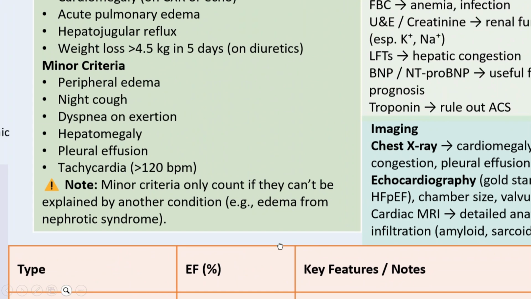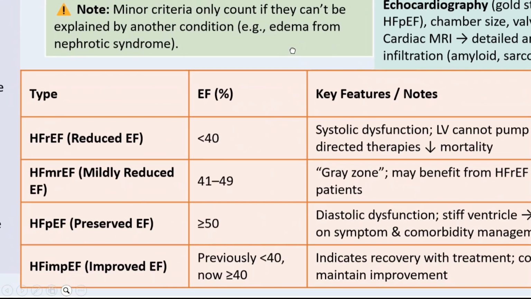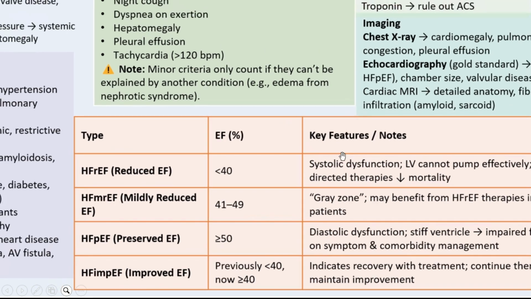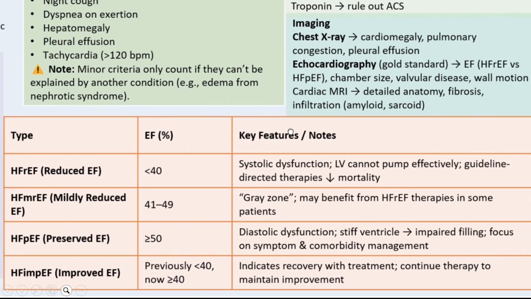So when we look at heart failure, sometimes and mostly in examinations, they're going to ask you for the classification of heart failure depending on the ejection fraction. And this ejection fraction is measured when we do echocardiography. So when we do echocardiography, they will look at the amount of blood that is in a ventricle and the percentage of that blood that the heart is able to push out of the ventricles.